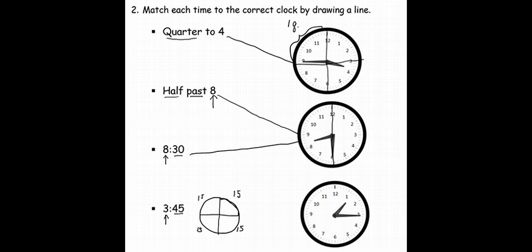So from here to the 3, that would be 15 minutes. Take it all the way down to the 6, that would be 30 minutes. And then if I continue to the 9, that would be 45 minutes. So we need the clock that's after 3 for the hour hand, and the minute hand is at the 9. And that is our first clock. The hour hand is after the 3, the minute hand is pointing at the 9. So this time is matching to the first clock.